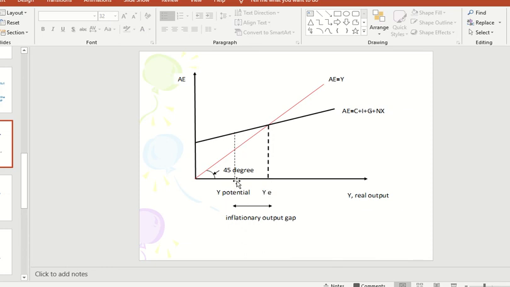And then we are given the potential output level, or full employment output level. You can obviously see that currently the equilibrium output level exceeds the potential output level. That means this economy stretches beyond its fullest capacity.